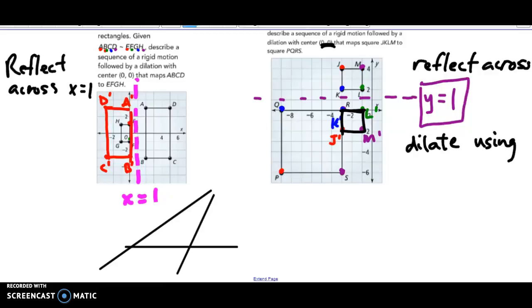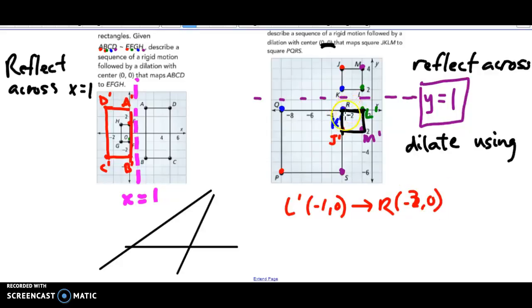Okay, because I need to look at my points that are going to map to each other. So L prime is going to map to R here. So the coordinates of L prime are -1, 0, and that's going to map to the point R, which is at -3, 0.